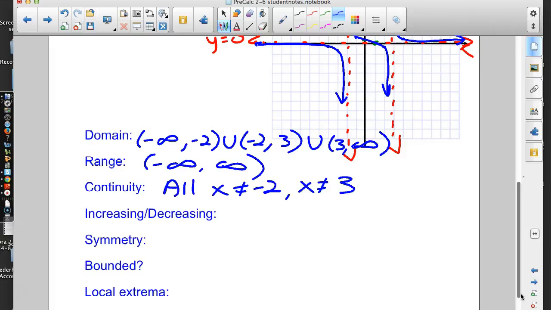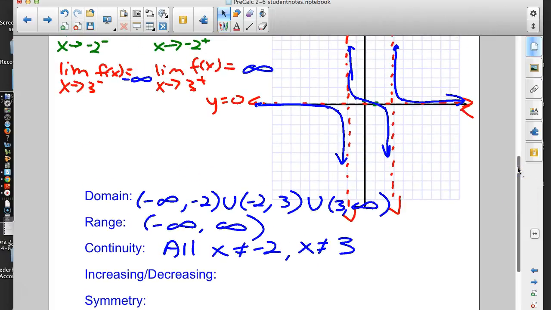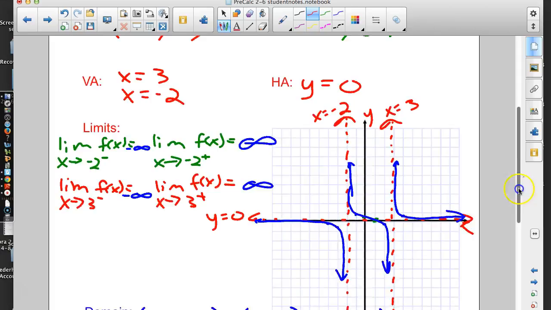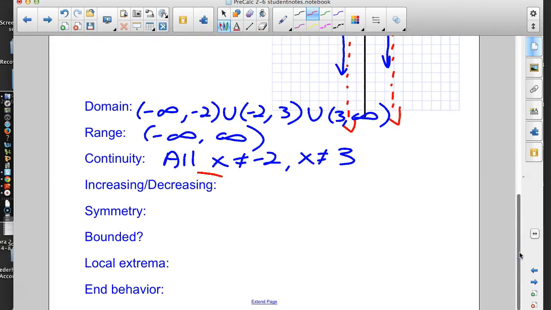Increasing and decreasing. Let's see if we have both or if we just have one. So we read graphs from left to right. Decreasing, decreasing, decreasing. It's decreasing. Then we have to tell them where.